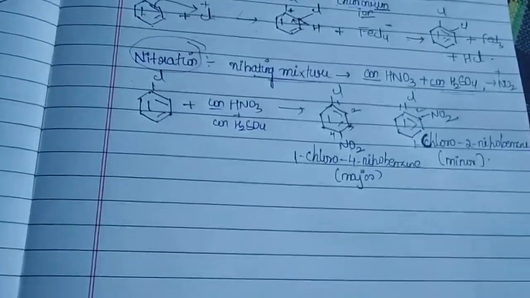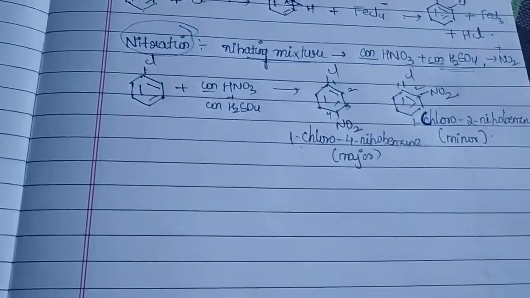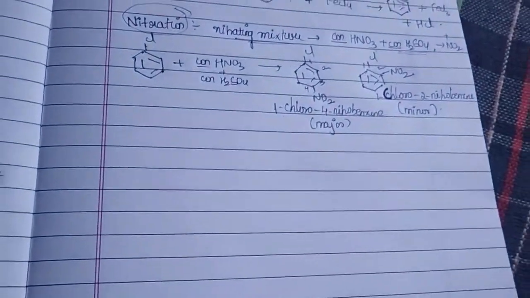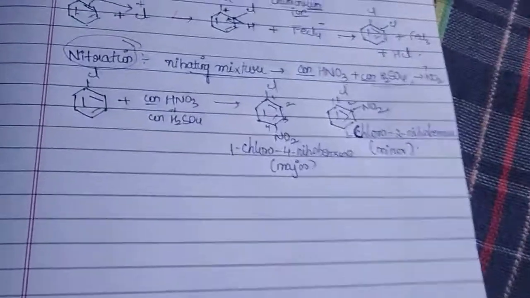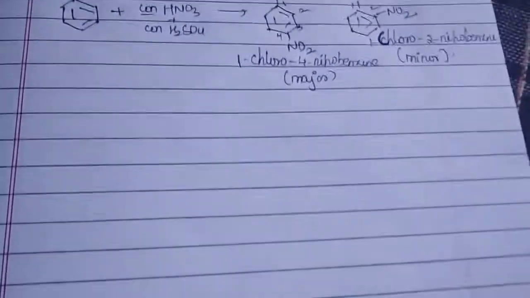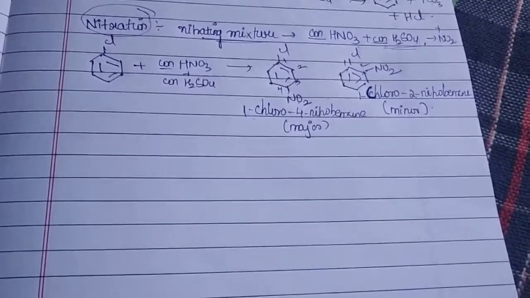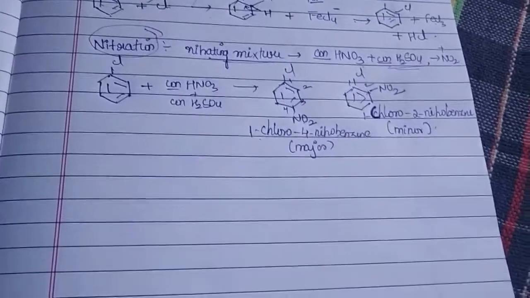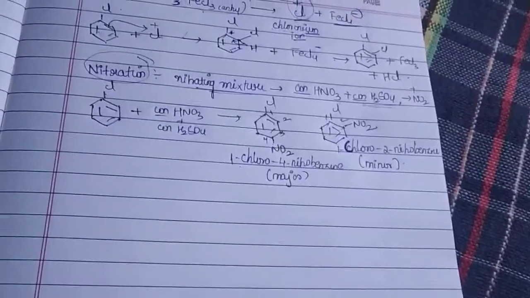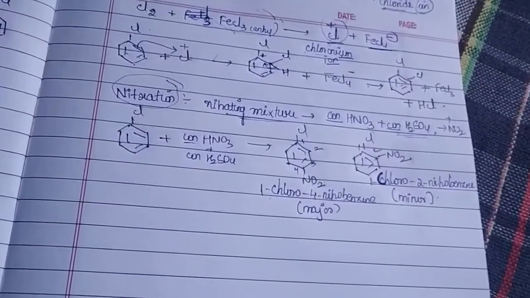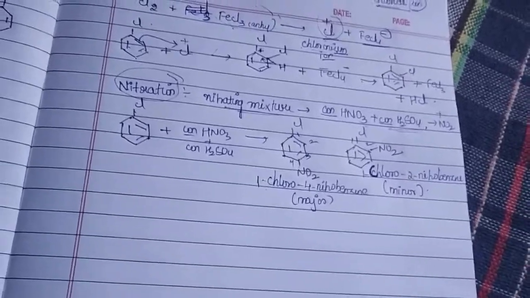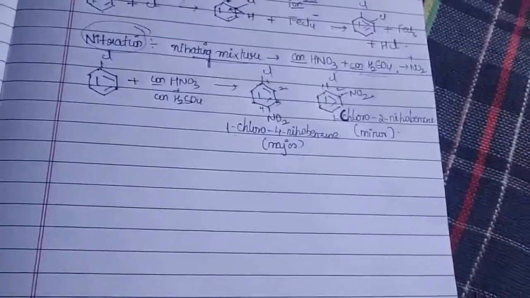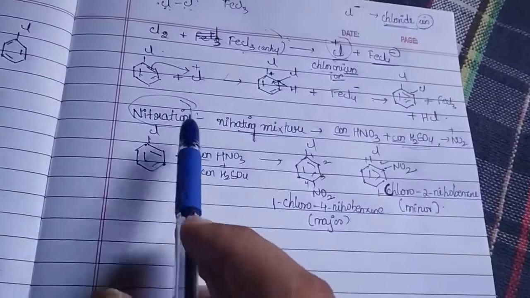We could have used only HNO3. So guys, when I am using nitric acid, what is your answer? What is an acid? Of course, it gives us a proton. So when I am talking about nitric acid, of course, it is going to dissociate and give me an electrophile as H+. I repeat, it is going to give me an electrophile as H+ when I am using only nitric acid. So of course, I am doing my nitration.